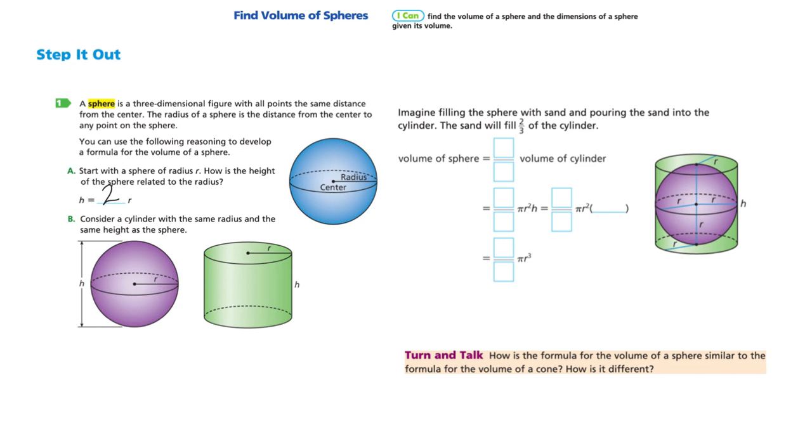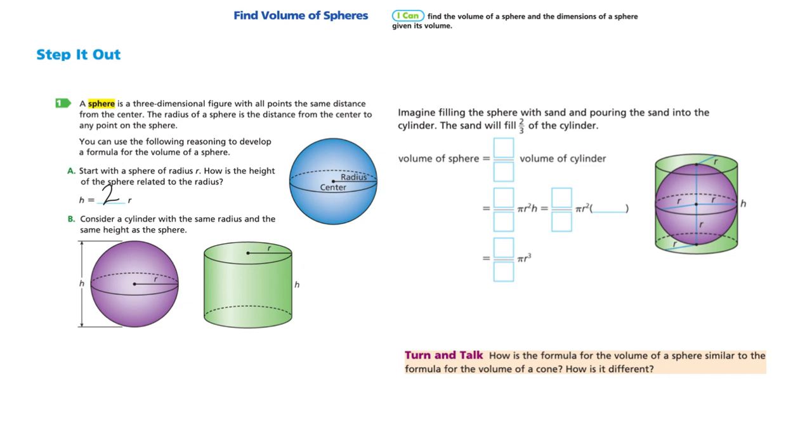Consider a cylinder with the same radius and same height as the sphere. So they're looking now at this cylinder. It has the same radius and the same height as this sphere. Imagine filling the sphere with sand and pouring the sand into the cylinder. The sand will fill 2/3 of the cylinder.